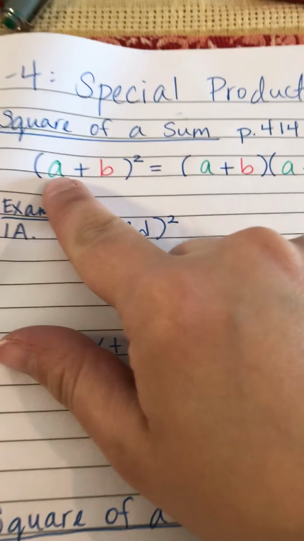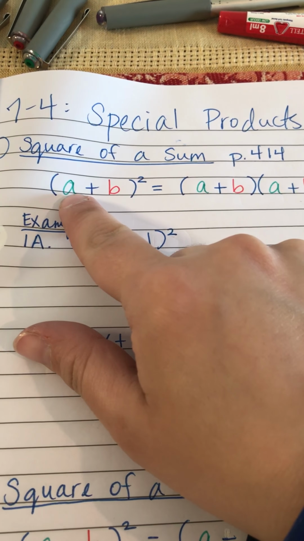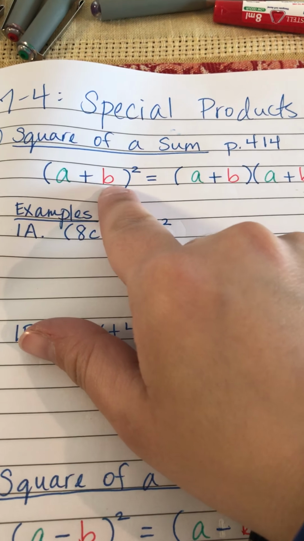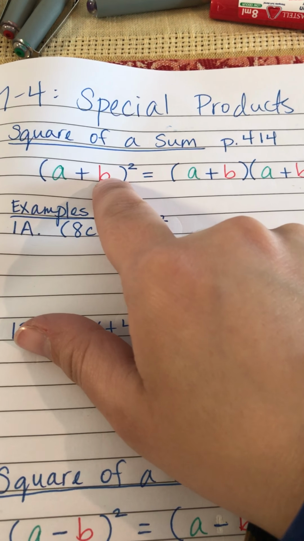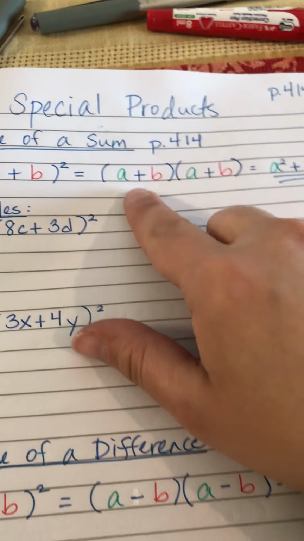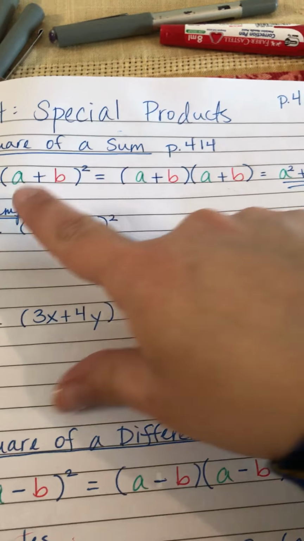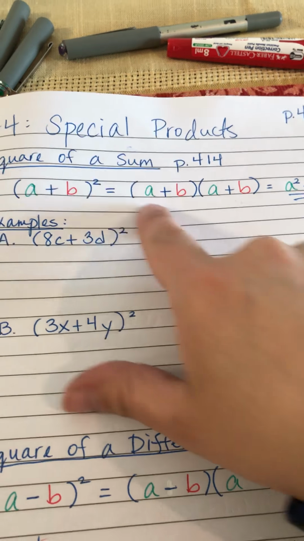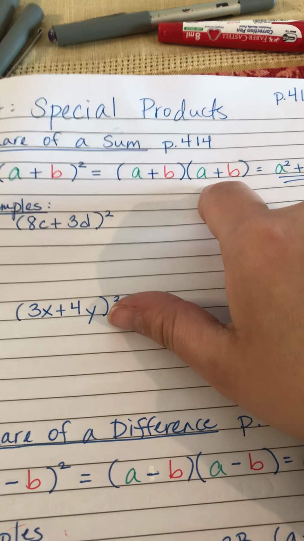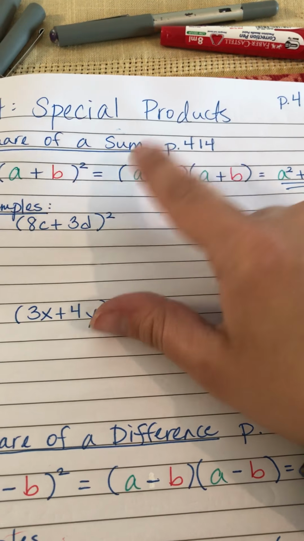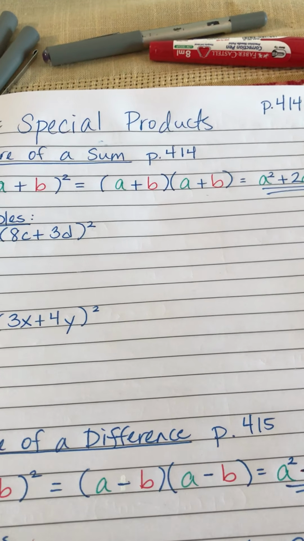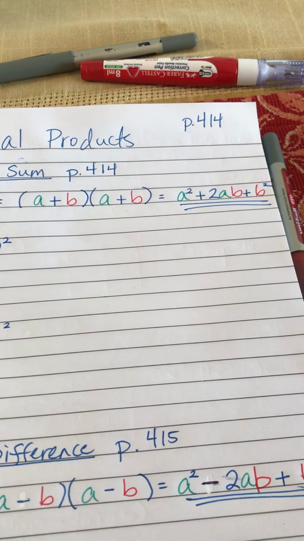The rule says that if you have a number or a letter or a product of numbers and letters, so A, plus another term, squared, that's the same thing as, in expanded form, a plus b multiplied by a plus b. Now this format, you can do the long way, multiply, multiply, multiply, multiply, and then combine in the middle if you want, or you can memorize the format for what it will look like when it's finished.